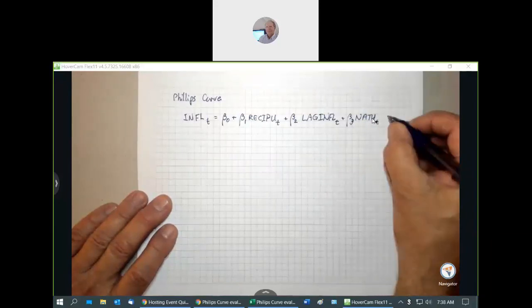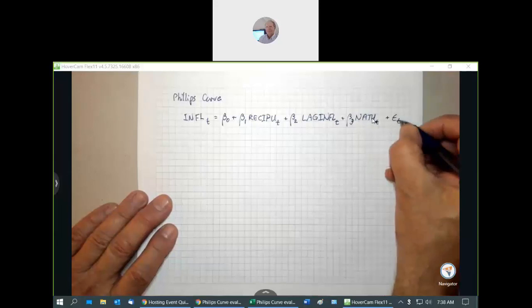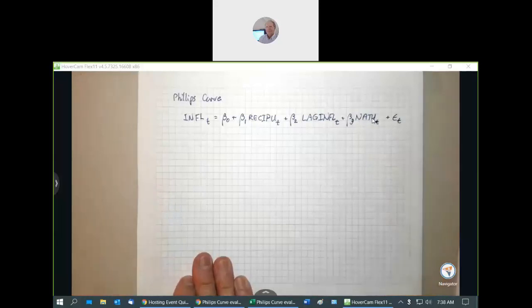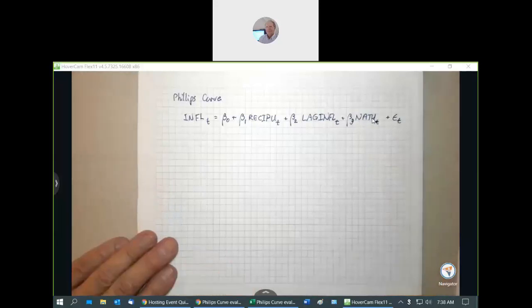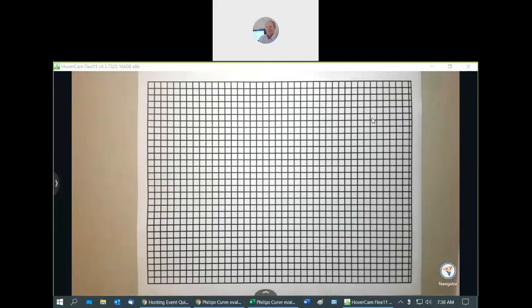And then we would have an error term on the end. So that would be the Phillips curve that we would want to estimate. Now, just for convenience here, I have estimated this Phillips curve in lowly Excel. Let's go see how you would go about doing that.